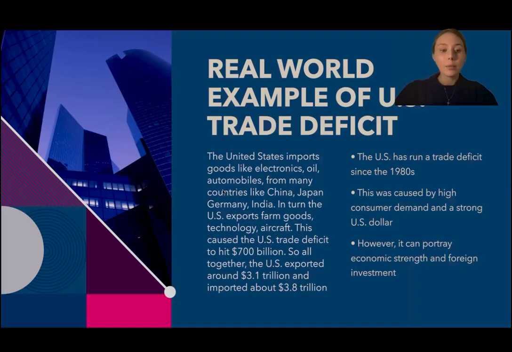Another thing I could say is that the US trade deficit with China exists because the US imports electronics, clothing, and machinery while exporting things like planes, agricultural goods, software, and technology.